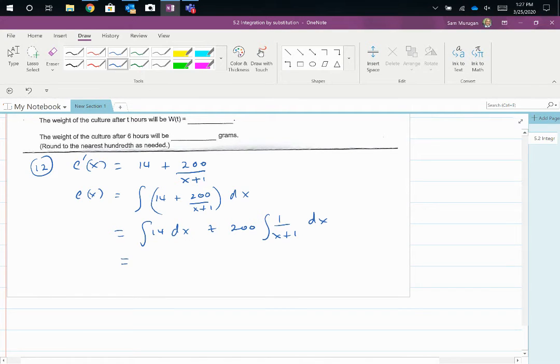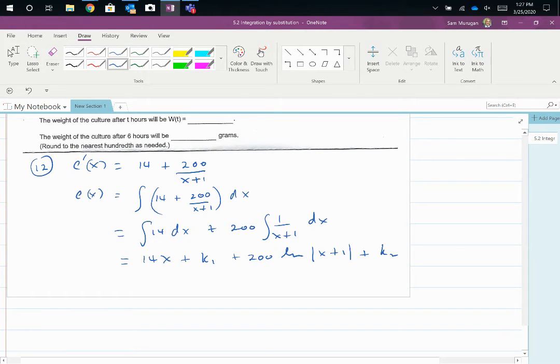So this is 14x plus, let's call this constant 1. Since we're already using C for the cost, let's use a K here, K1, plus 200 ln absolute value of x plus 1 plus constant 2.